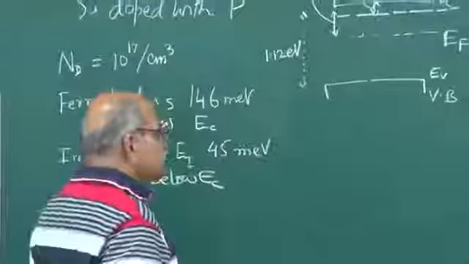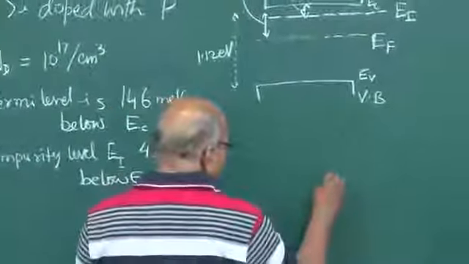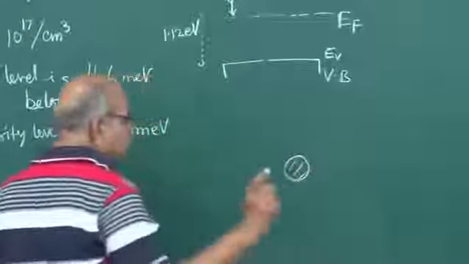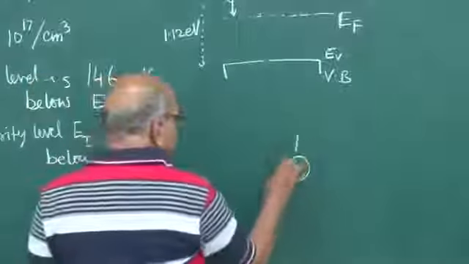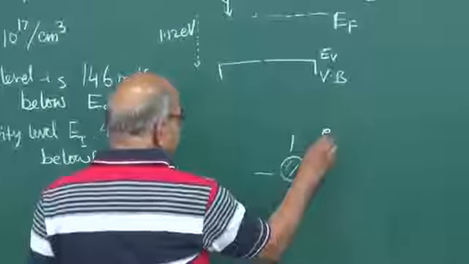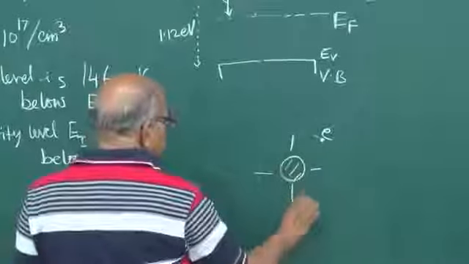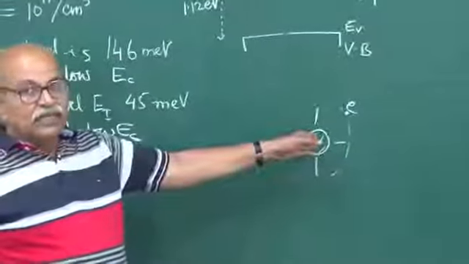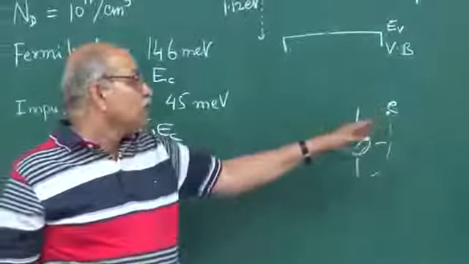So remember the mechanism. If I have a donor impurity here, it comes with 5 outer electrons, 4 are bonded, and 1 is still here, which is bound to this donor atom. So it's a neutral atom.